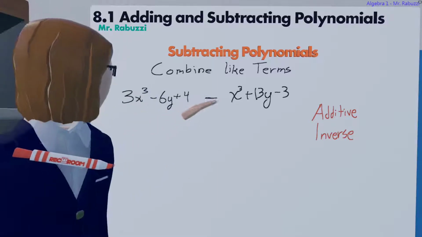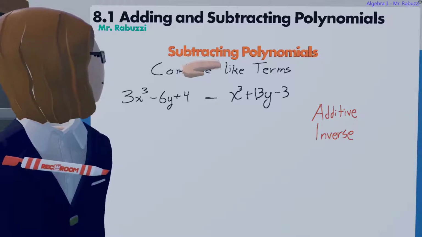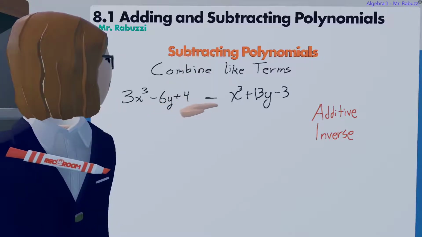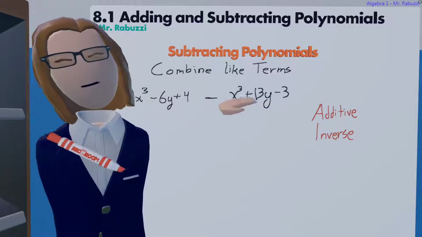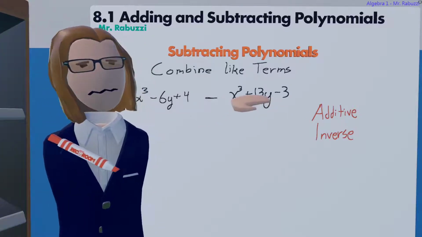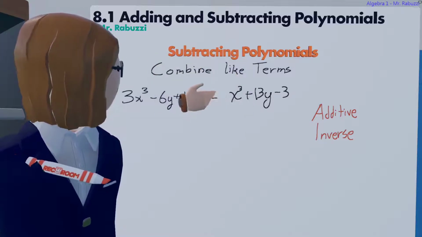So what we do when we see this minus here, when we're subtracting polynomials, we want to take this minus and distribute it. So it's going to make all of these opposite. So we're going to take the opposites.